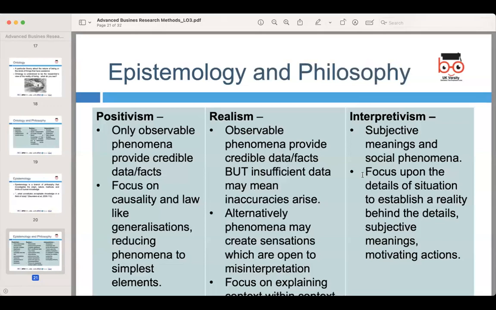So, epistemology and philosophy again focus on three important perspectives: positivism, realism, and interpretivism. Positivism focuses on observable phenomena and general laws, aiming to reduce complexity to its simplest elements.